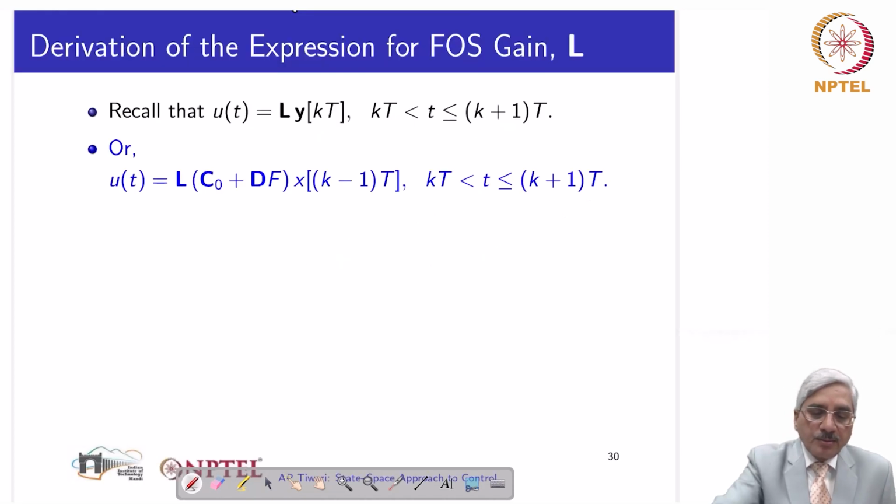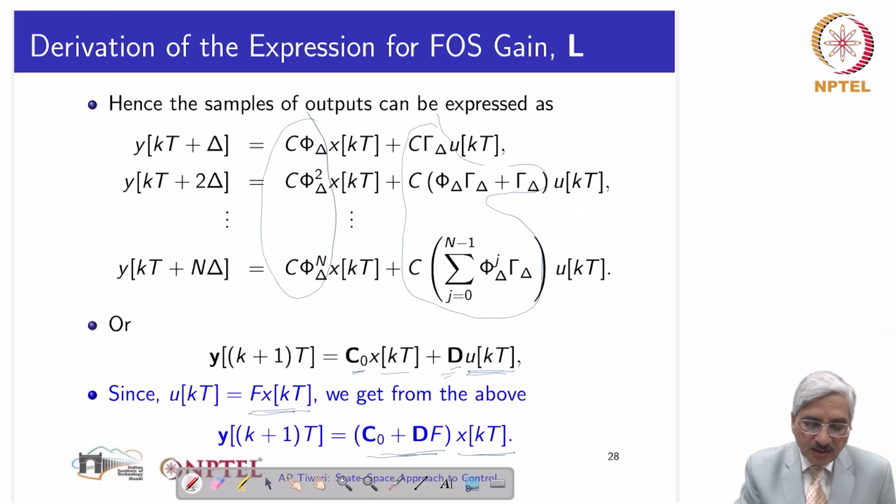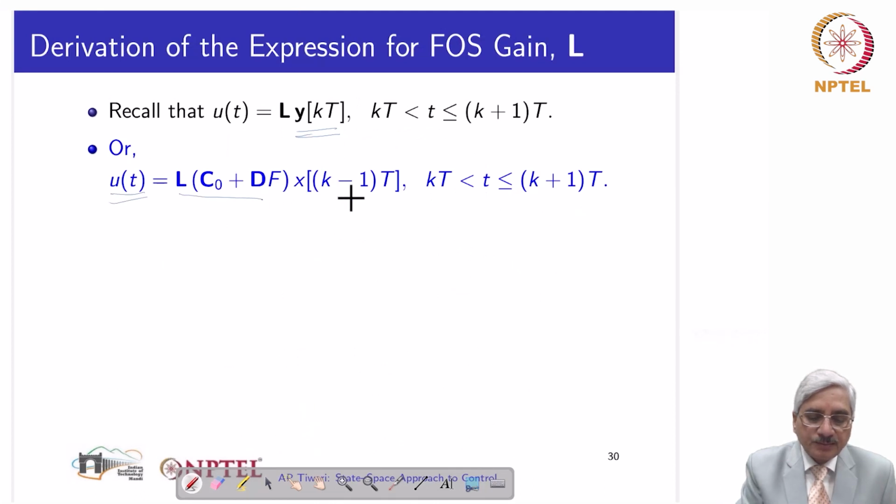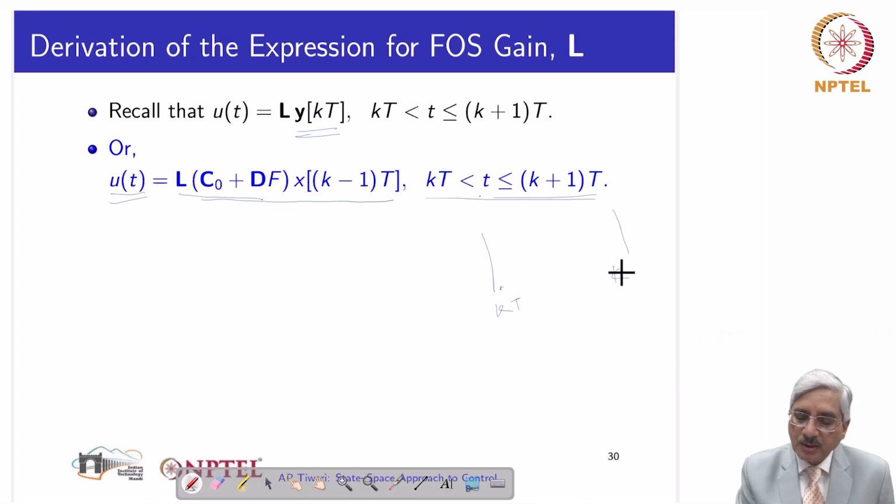So in place of u(t) we have L, and this y(kt) we just derived here. Because y(k+1)t is given by this, we have y(kt) given by this into x at the previous time instance. So that is substituted here, and we get u during that interval just after kt to (k+1)t. We get that input during that interval.